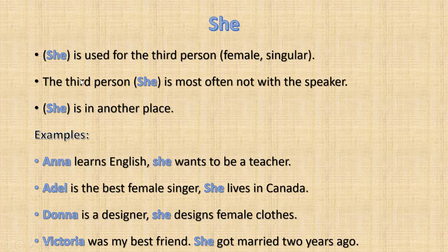If you see in these examples, Anna, Adele, Donna, and Victoria, they are female, singular, and they are not with the speaker. They are in another place.